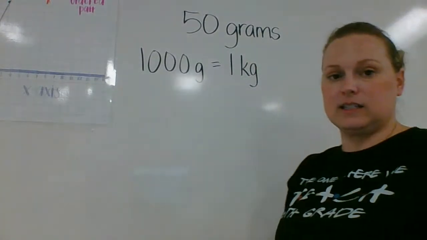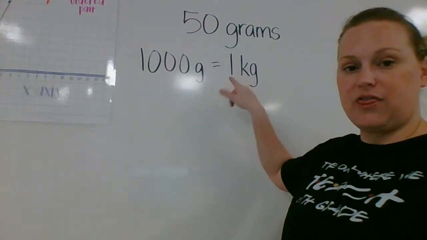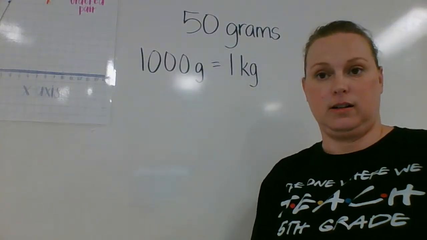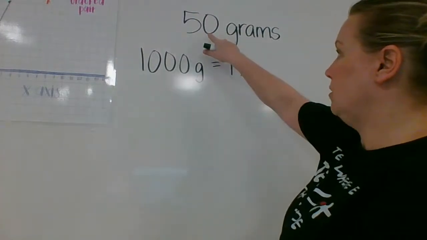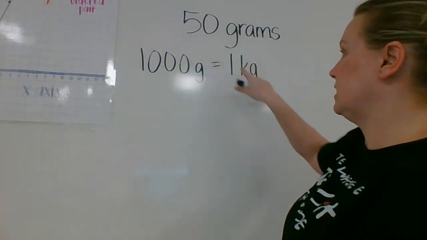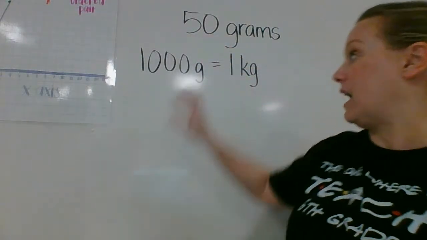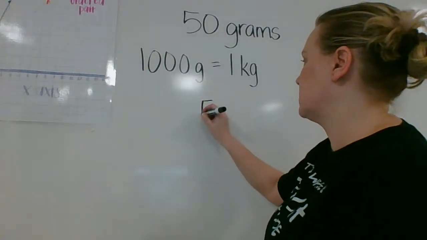So in a sense, if you think about it, 1 gram is 1,000 times smaller than a kilogram. So to turn it into a kilogram, I need to make my number 50, 1,000 times smaller.